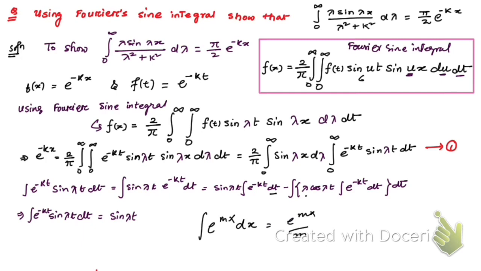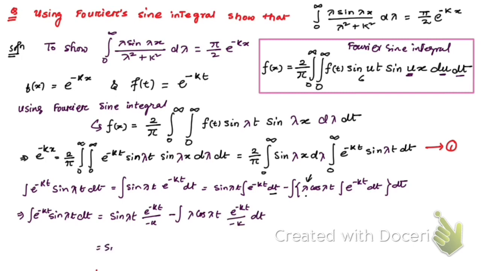If you apply that, then instead of m we have minus k, so it will also be minus k. So we're going to get e to the power minus kt by minus k, then minus, lambda is constant, so that can be taken out. In the next step we're going to take that lambda out. Then again if you integrate this term as well, you're going to get the same result, e to the power minus kt by minus k, dt.